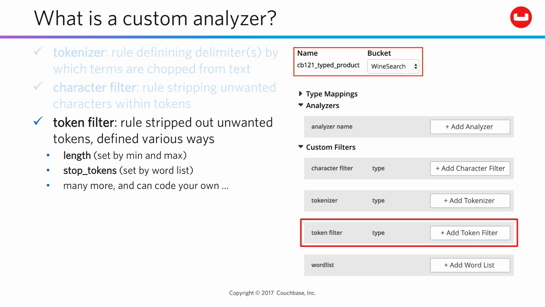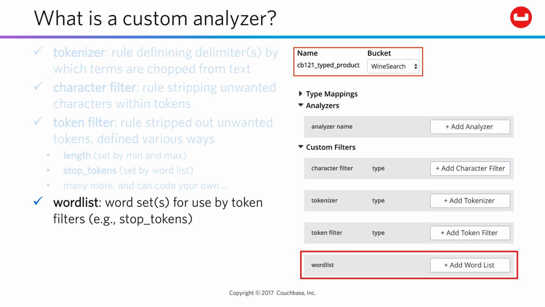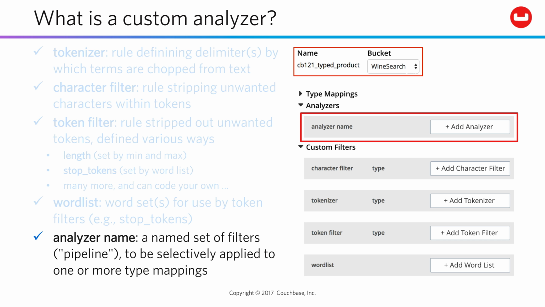There are other filters as well, and you can also code your own. Token filters may rely on custom word lists you define, and this whole token filter pipeline is then given a name so that it can be selectively applied within an index.